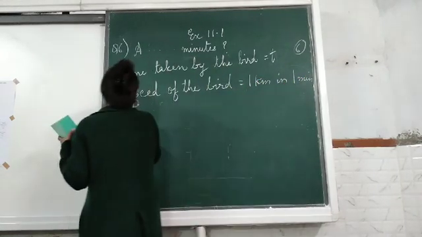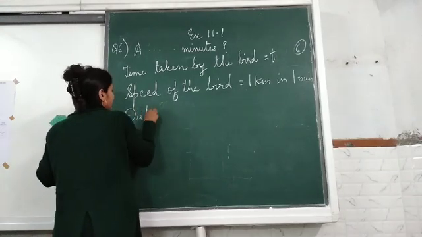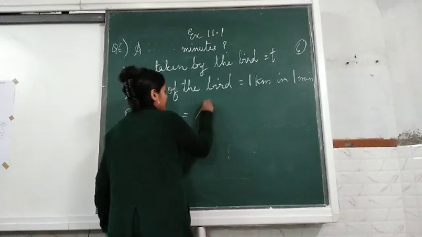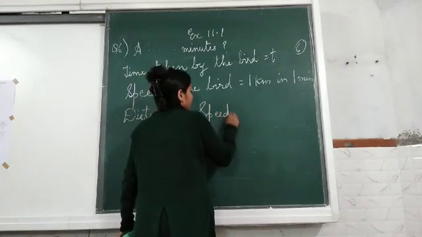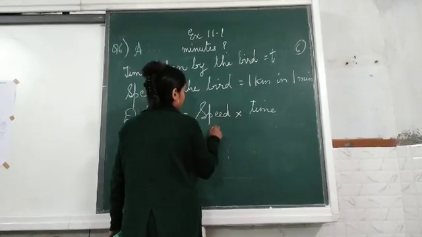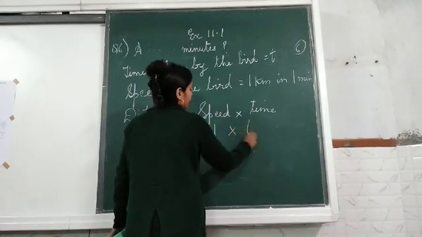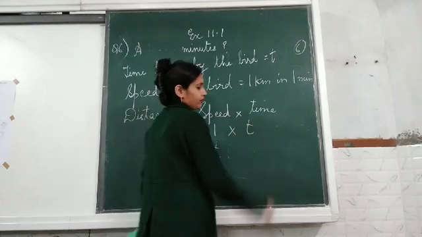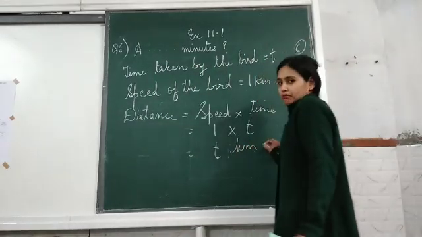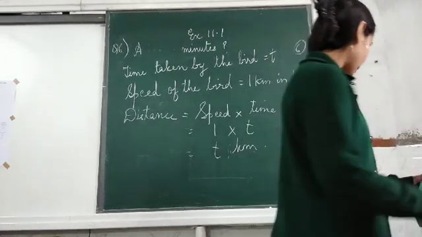We have to express the distance in terms of time. So distance is actually speed into time. What is the speed? 1 into t, which is equal to t. So t kilometers. So this completes your 6th question.